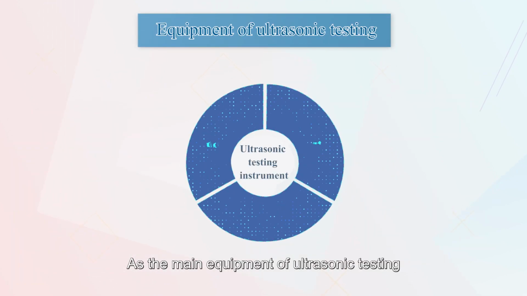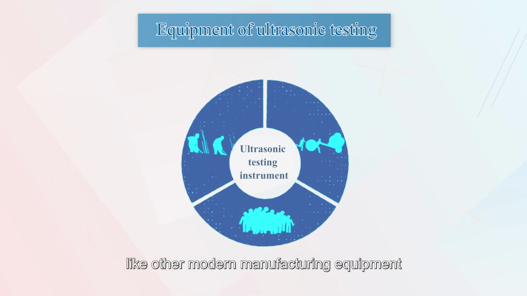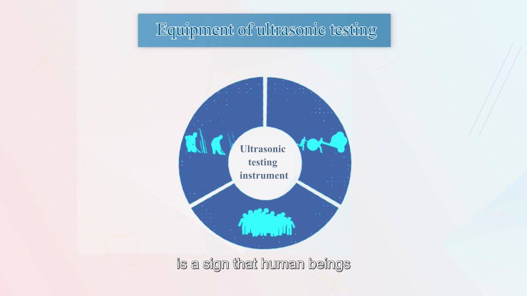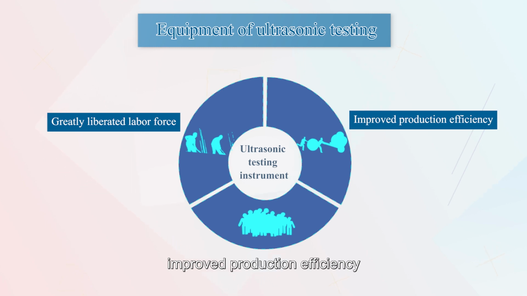As the main equipment of ultrasonic testing, like other modern manufacturing equipment in the industry, it is a sign that human beings have entered the era of civilization. One of the 4 modernizations is mechanization, which has greatly liberated the labor force, improved production efficiency, and served for the benefit of mankind.